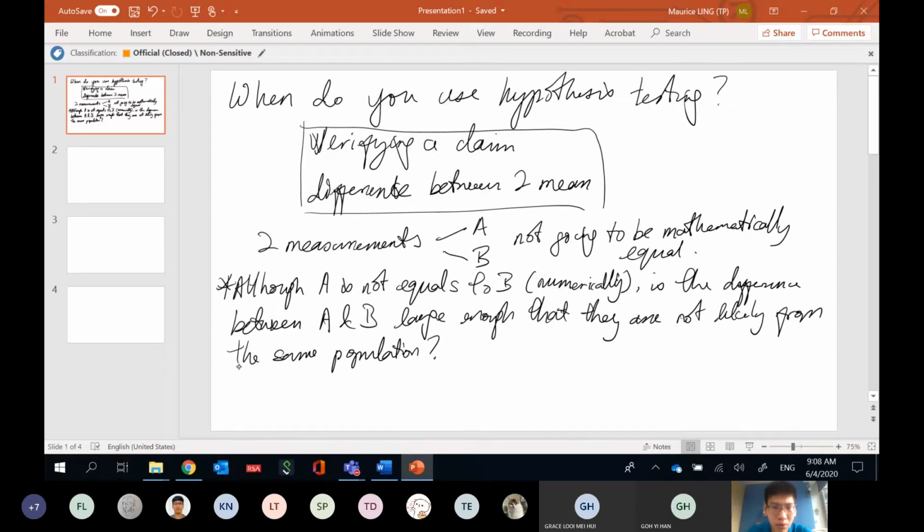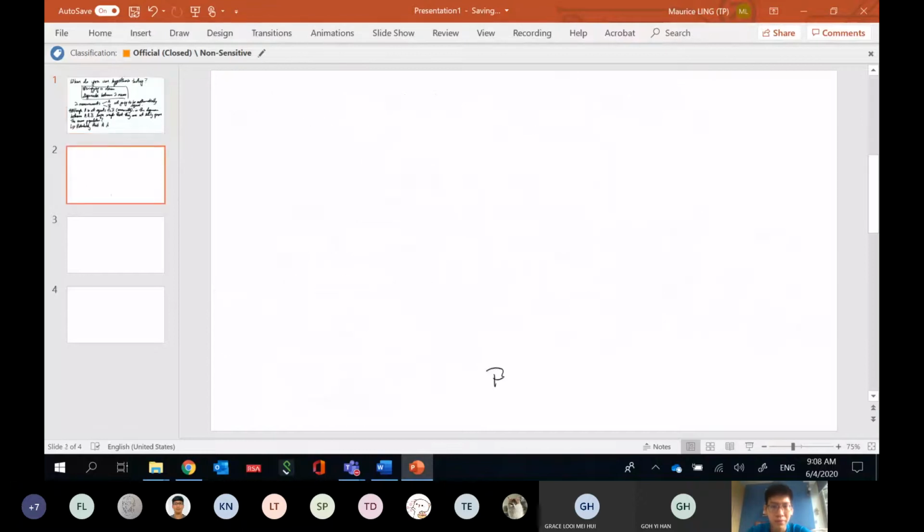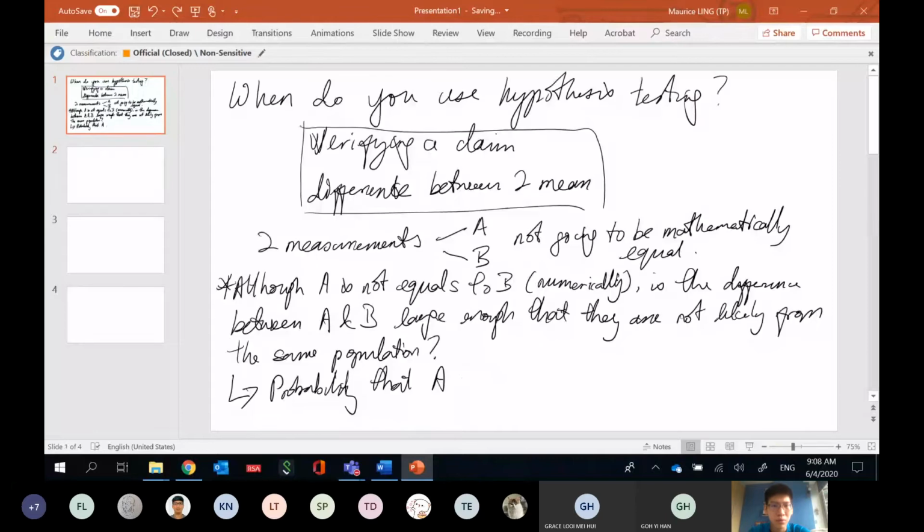In other words, you are actually finding the probability that these two measurements, measurement A and measurement B, are from the same population.